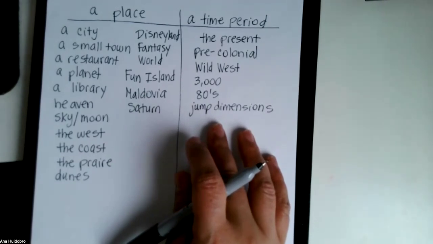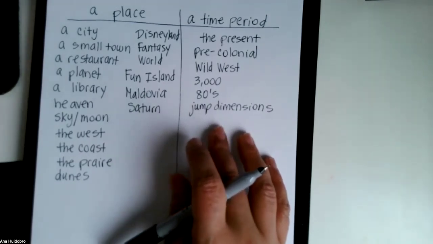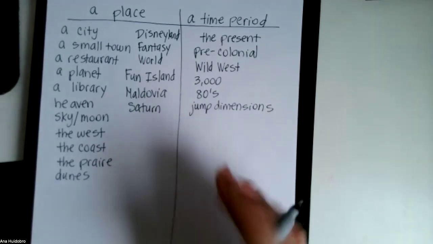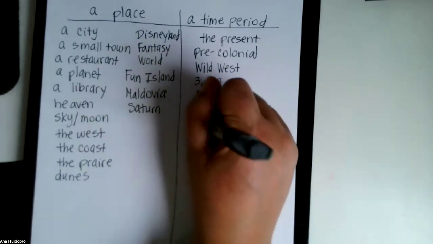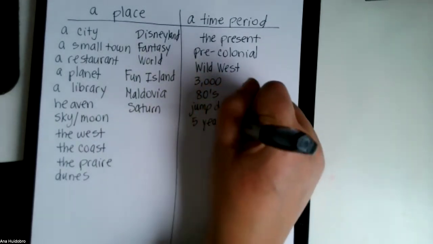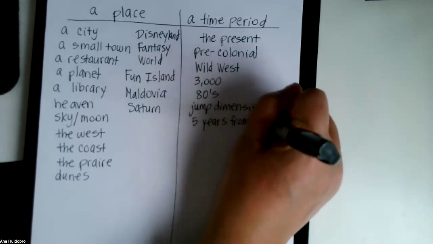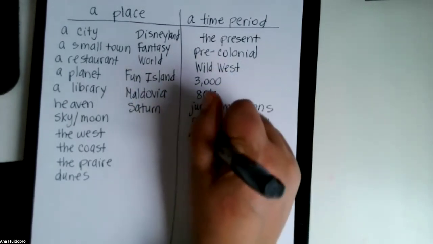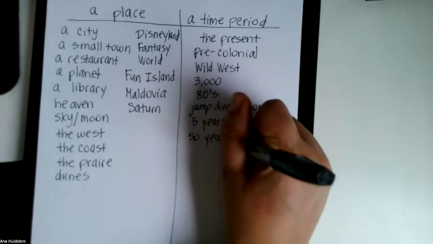You could make it as complicated or as easy as you want it to be. It could be 5 years from now. It could be 50 years from now. So these are ideas. Okay.